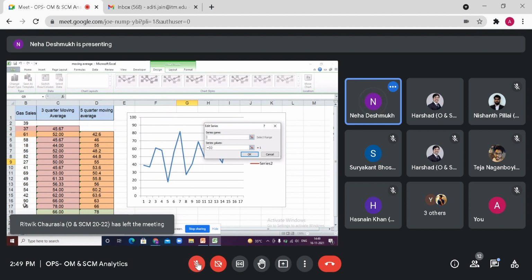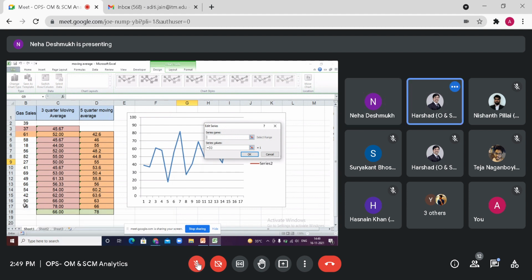In the series name we have original data. This is our original data, the guess cells.